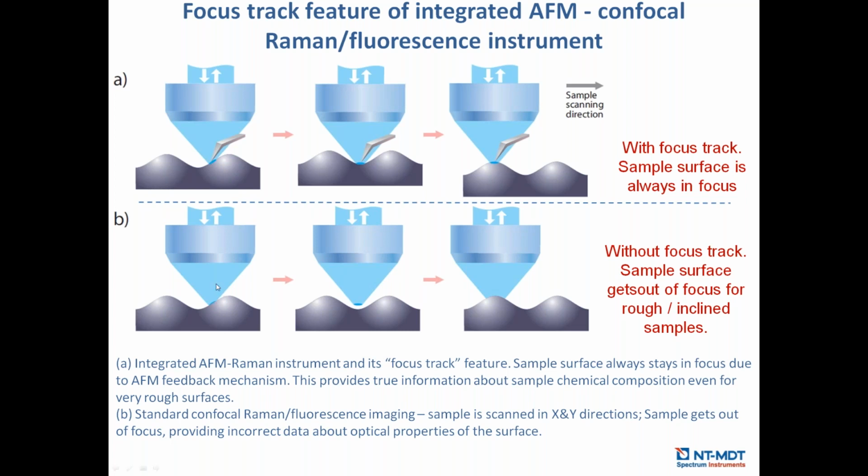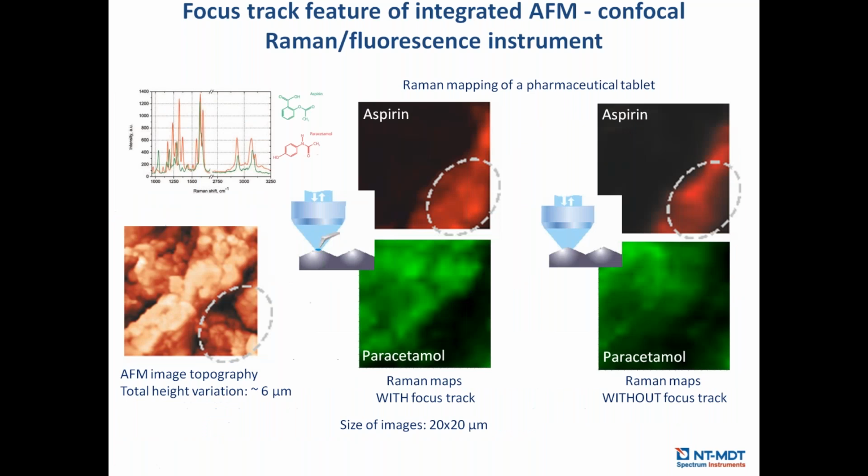While scanning without the tip, sometimes the laser spot is in focus and sometimes it is defocused, for rough samples with a roughness higher than a few microns and for tilted samples. So using the AFM focus track feature allows us to avoid such artifacts, and here we have an example of a pharmaceutical tablet where different Raman maps were acquired with the tip in and without AFM focus track.